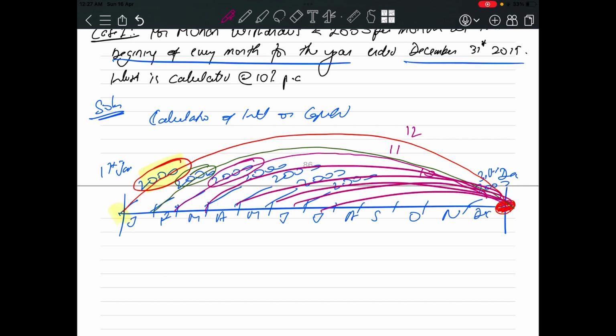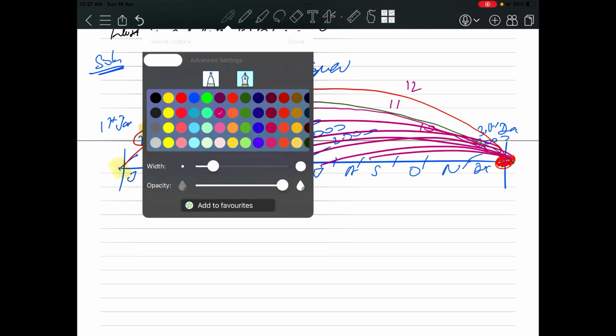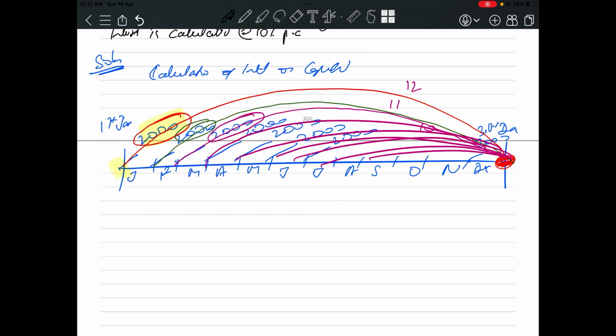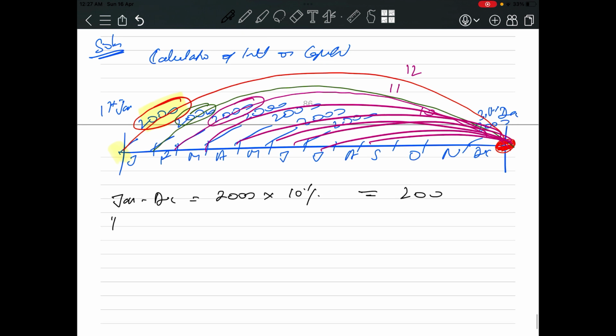So how will normal people calculate interest on drawings in this case? They will calculate Jan to December, 2000 into 10% for 1 year, which is 200 rupees. Then again from Feb to December, 2000 into 10% for 11 months, because you pay interest on drawings for the number of months you have used the money.